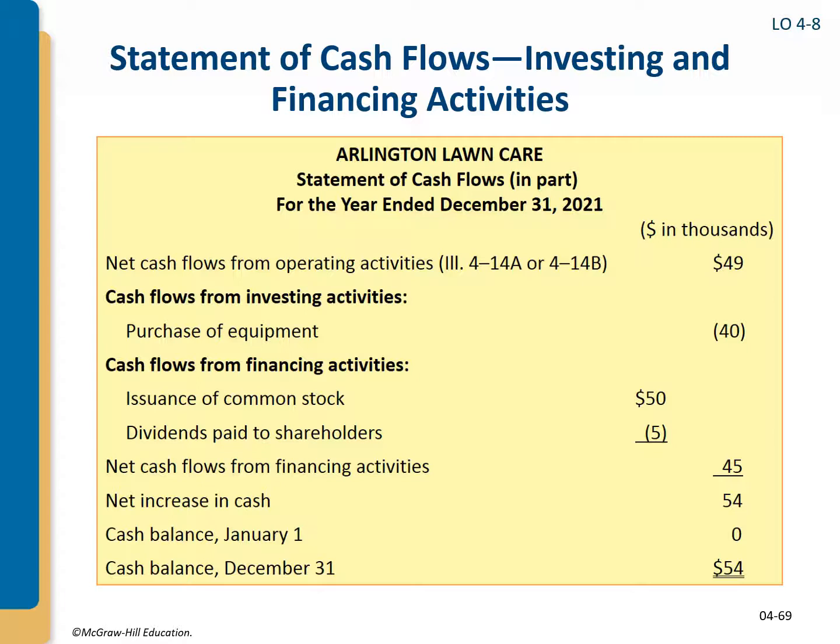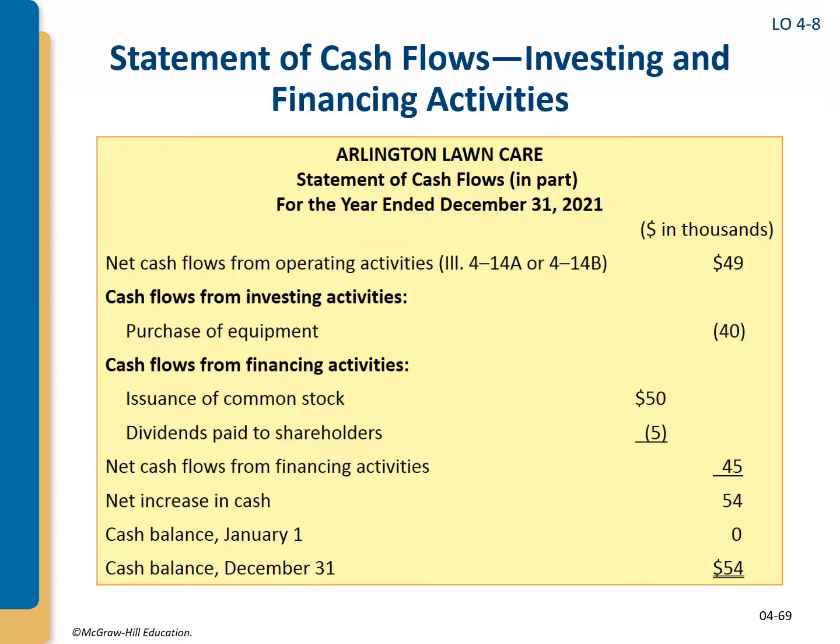So here's an example for Arlington Lawn Care in their cash flow from investing activities. This is starting right underneath their cash flow from operating. The only item they had was they purchased equipment. What's the impact on cash? It decreases it because they used $40,000 in cash to buy it.